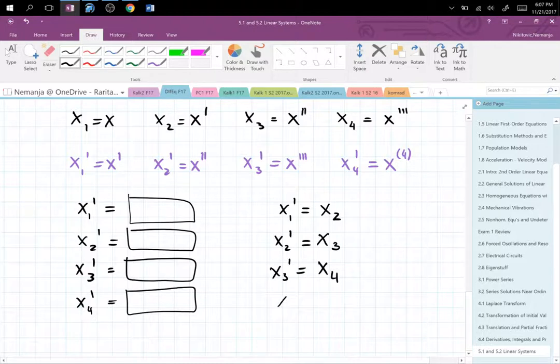And then finally we have x4 prime. Now x4 prime is equal to the fourth derivative of x, but that's given in the original equation.